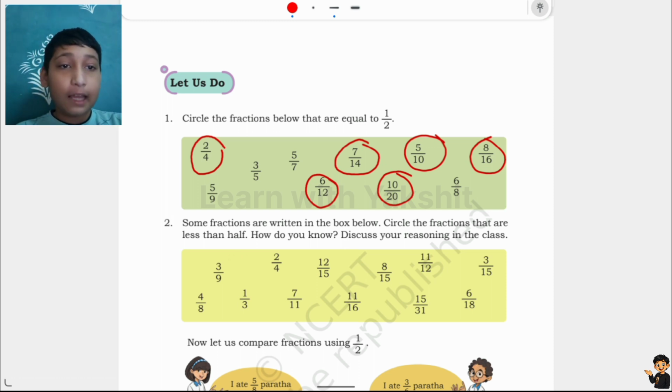Meaning 9's half was actually 4 wholes and 1 upon 2. If we add, it equals 4, while 3 is less than 4, meaning we can count that.